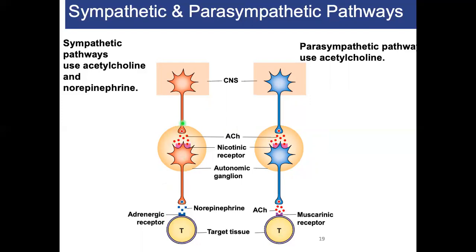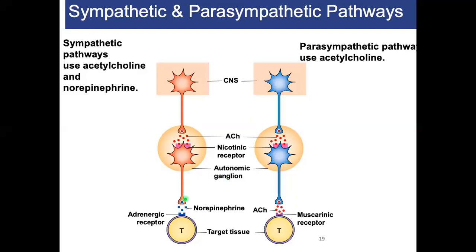So this first nerve releases neurotransmitter, which is going to be acetylcholine, onto nicotinic cholinergic receptors and excites the second nerve. This is the same whether we're talking about the sympathetic or parasympathetic nervous system. Where are they different then?